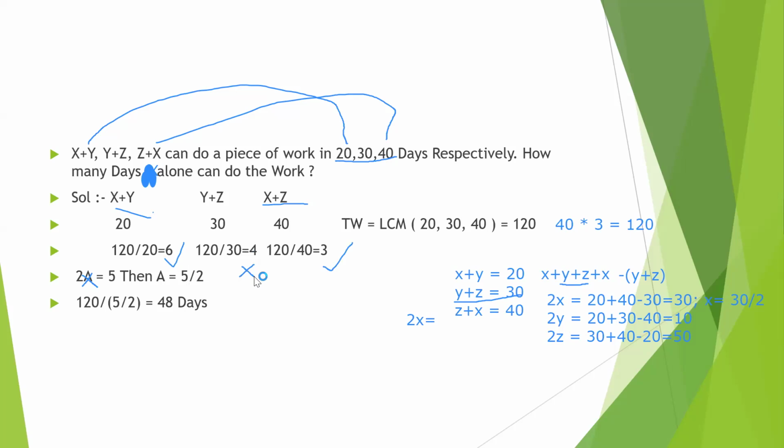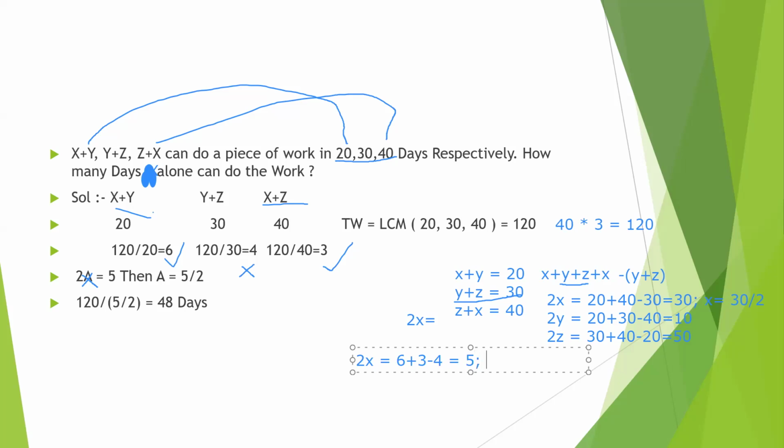Why? Because here x is not present. So we can write 2x equal to 6 plus 3 minus 4, that equal to 6 plus 3, 9, 9 minus 4, 5.